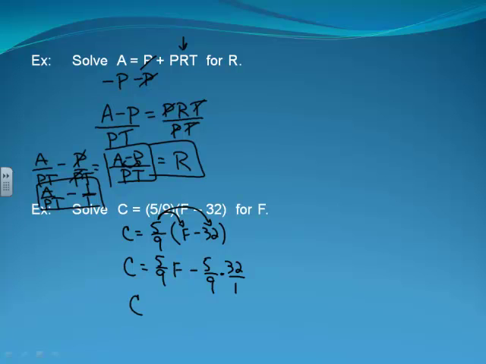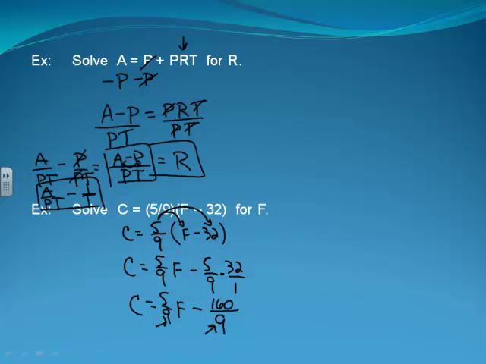That gives you C is equal to 5/9 times F minus, if you multiply across, 32 times 5 is 160, divided by 9 times 1 is 9. All right, now at this point, we've gotten rid of our groups so we can clear fractions. So look at the denominators of all the fractions. In this case, we've got 2 fractions, but they both happen to have a 9 in them.